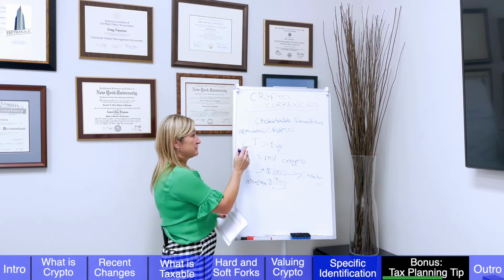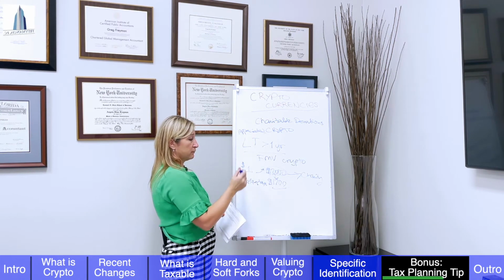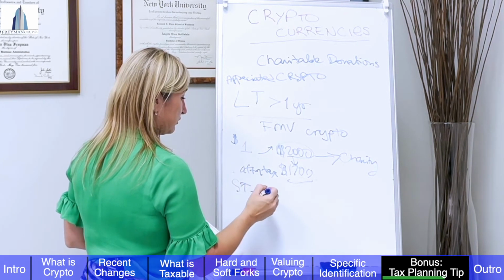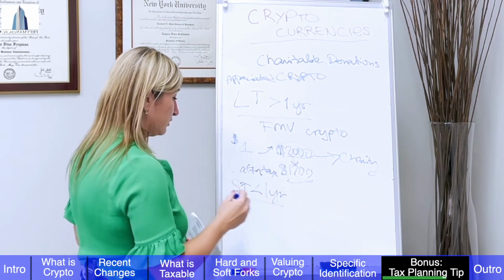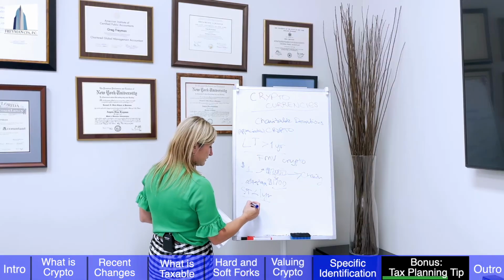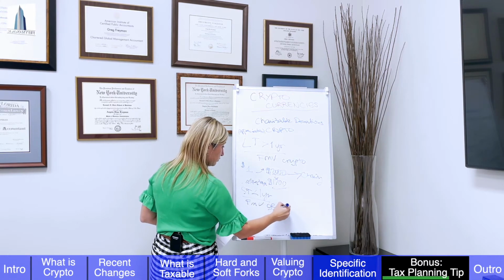Now, this only applies for cryptocurrency that's held longer than 1 year. If you have short-term appreciated cryptocurrency that you held less than 1 year, then the rules are different, and basically you get to deduct the lesser of FMV or your basis, or your cost.